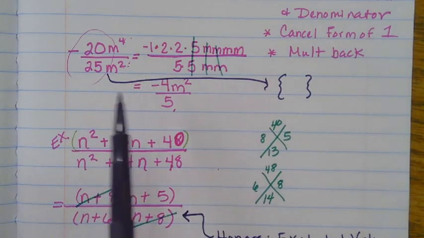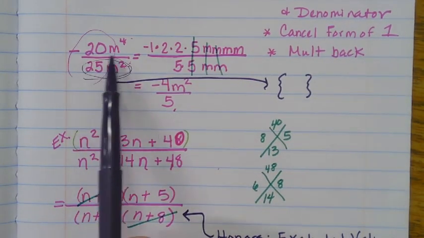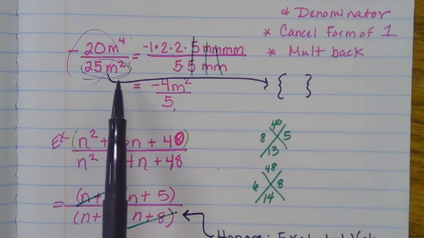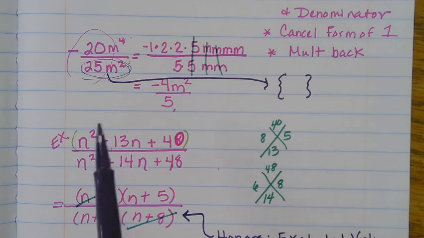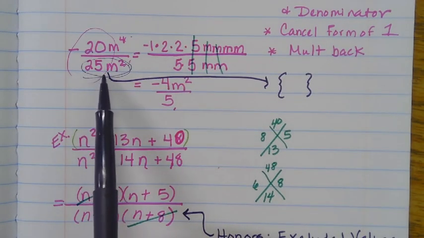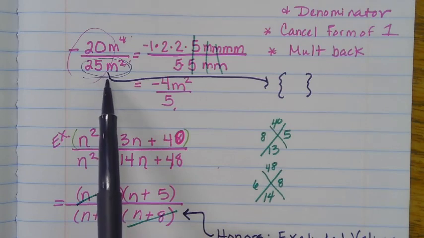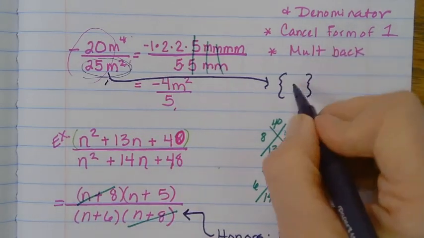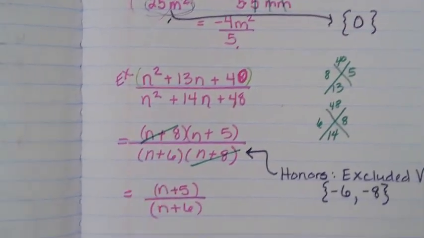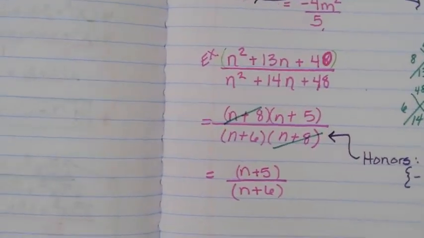That's the one that was on the screen. You're going to look right here. What would make that denominator 0? m equals 5 or negative 5? No, because it's multiplying. If m equals 0, because m squared is 0, right?